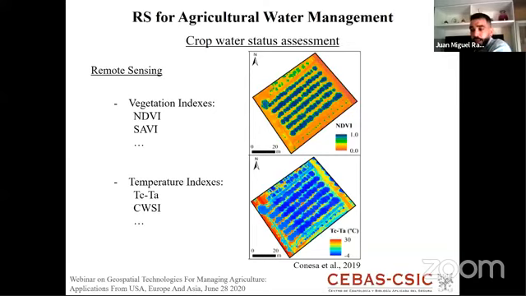On the contrary, thermal-based indexes are more appropriate when we want to identify fast responses to canopy water status, since leaf temperature increase is the first phenomenon that occurs after the stomatal closure due to water stress.